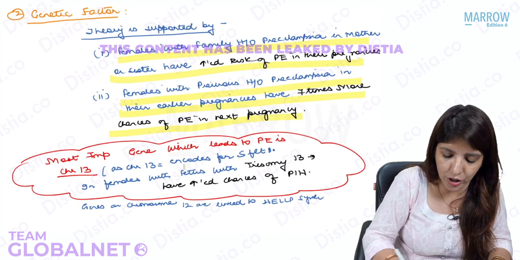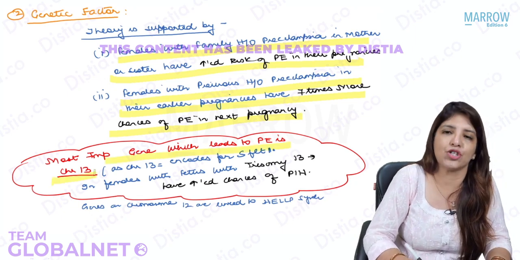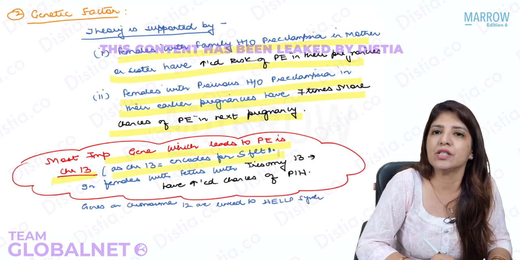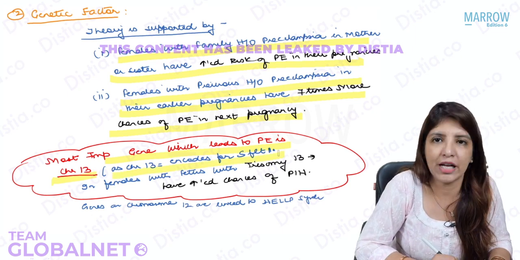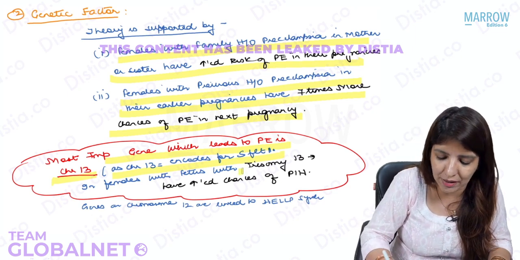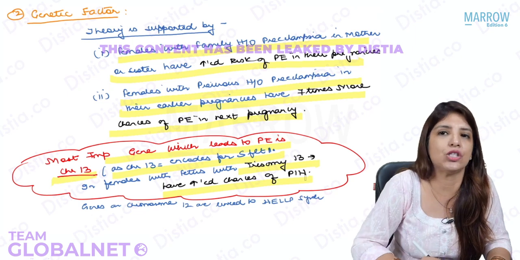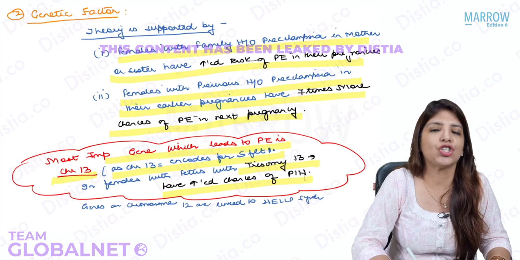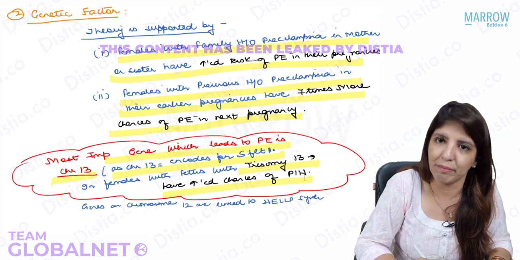Now, the most important gene which leads to preeclampsia is on chromosome number 13. Why? Because chromosome number 13 encodes for sFLT1. And this is the reason why in trisomy 13 patients, there are increased chances of PIH.